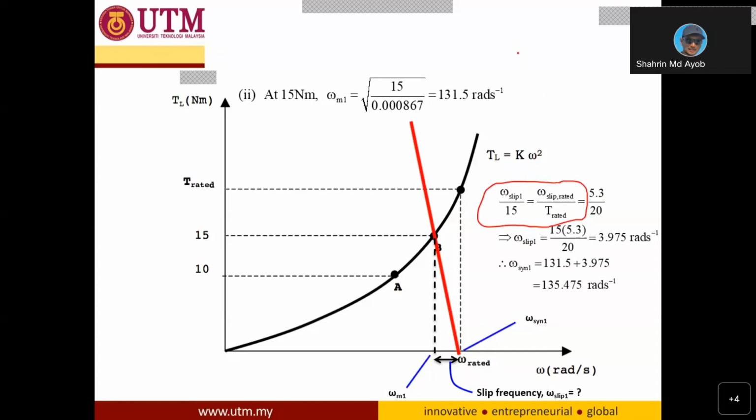You punya slip speed versus torque is equals to slip speed, yang ni rated. Ini rated over T. So maknanya ratio between slip speed rated over T rated is equals to any slip speed over your torque, new torque. Tapi tak apa, yang ni tak keluar final exam.